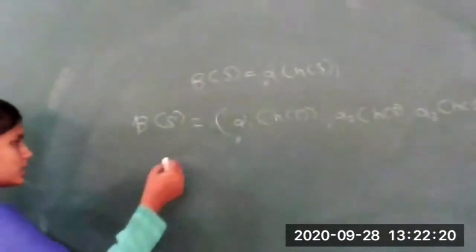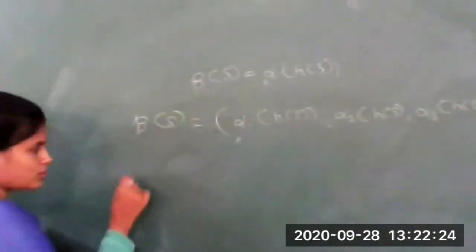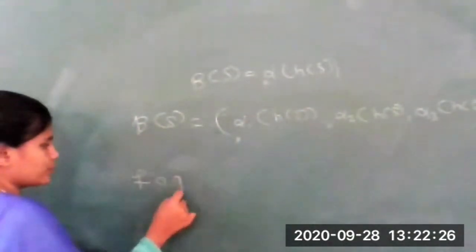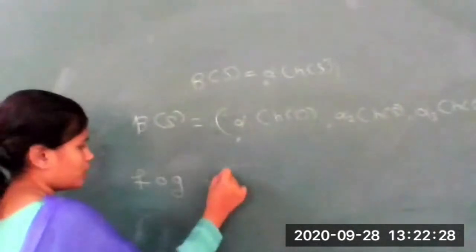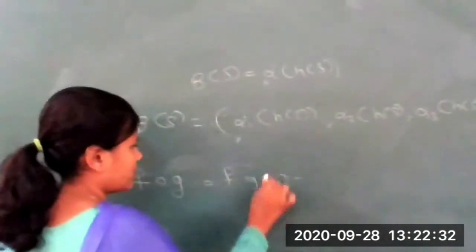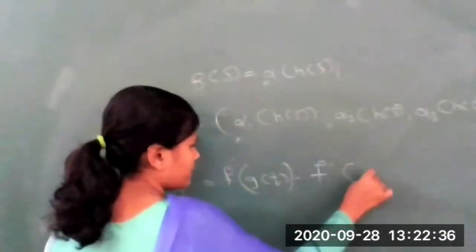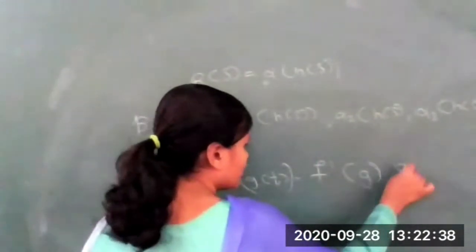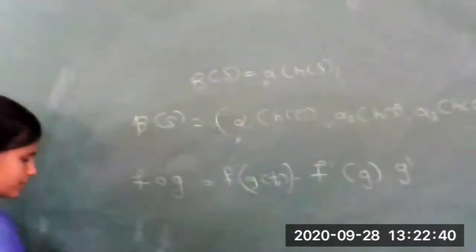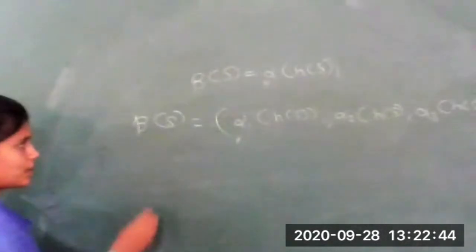Before that, we must know the differentiation of a composition of two functions. Suppose we have f composite g. How are you going to evaluate the derivative of this? Suppose the parameter is t. Then it will be f dash of g into g dash. In a very similar way, we will evaluate the derivative.